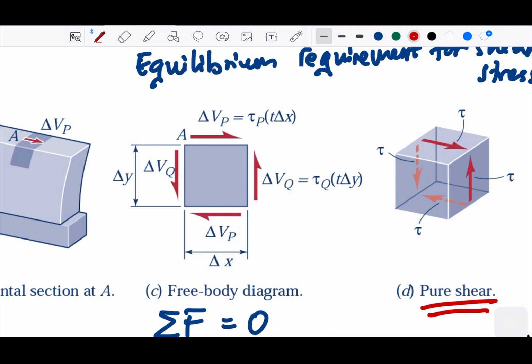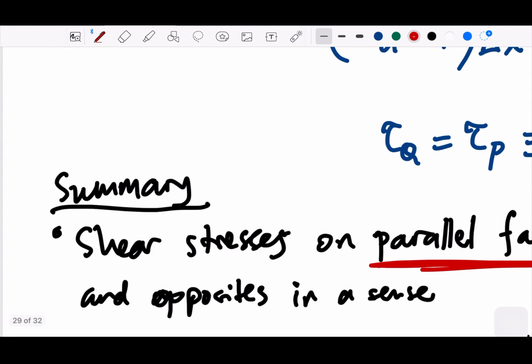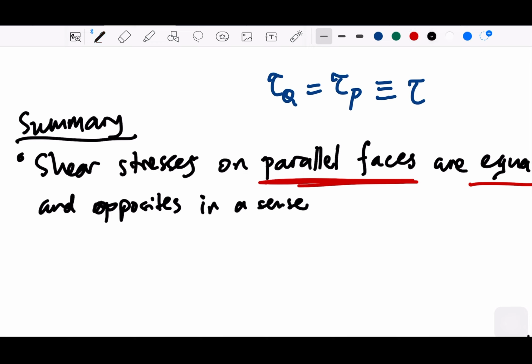So every time we talk about what is the pure shear, or what is the shear on one element, we can just draw a small element and take the shear like this.